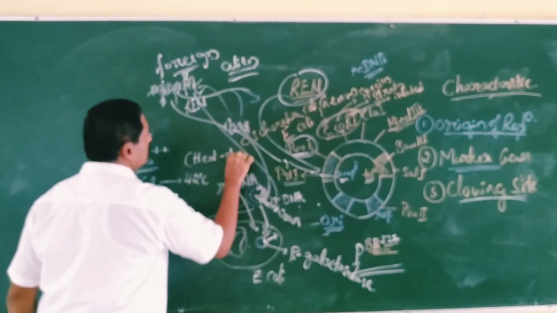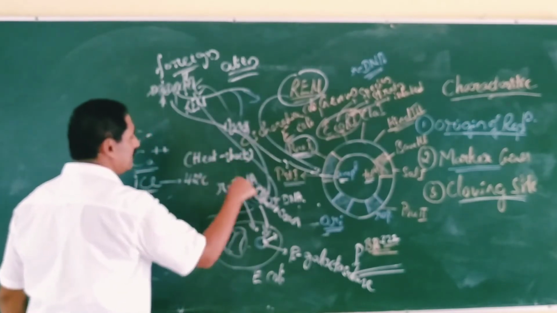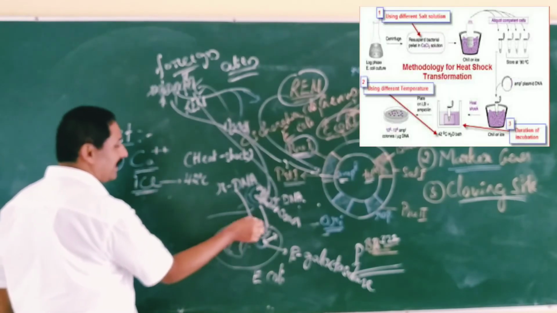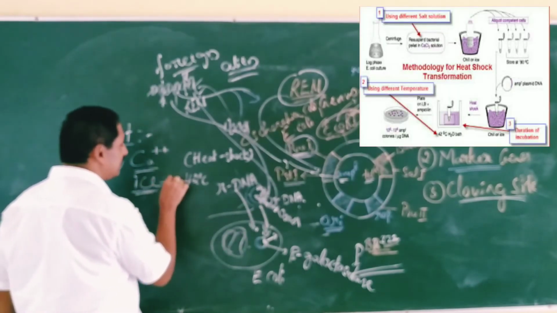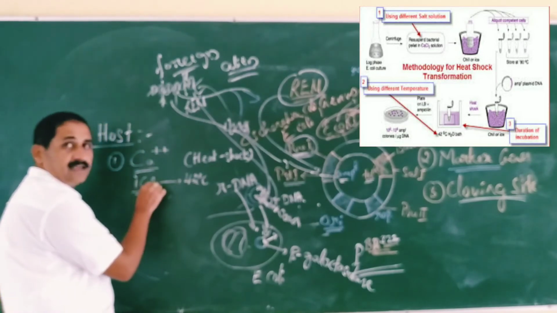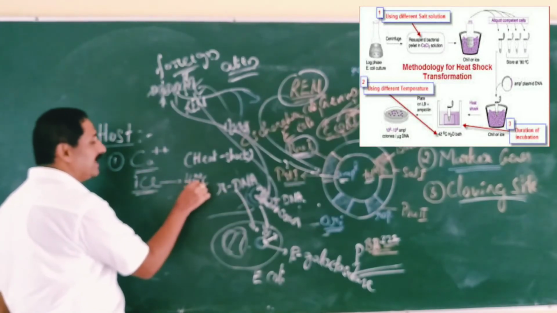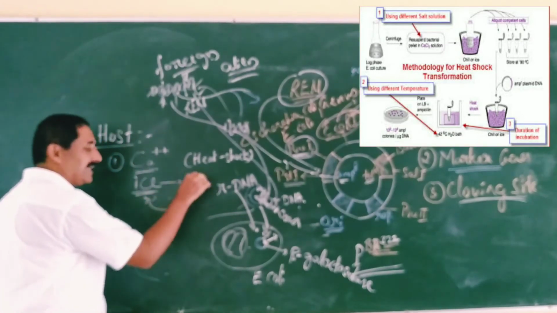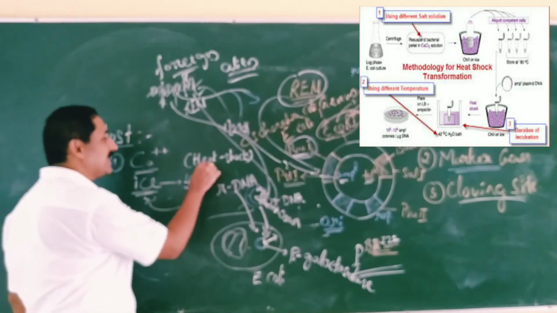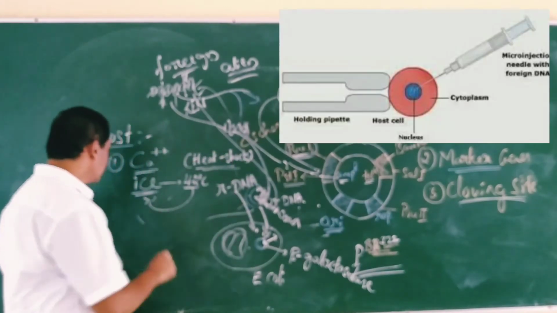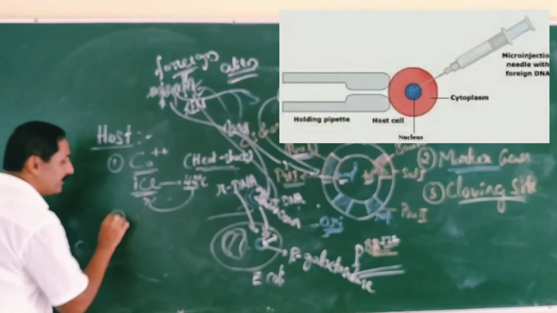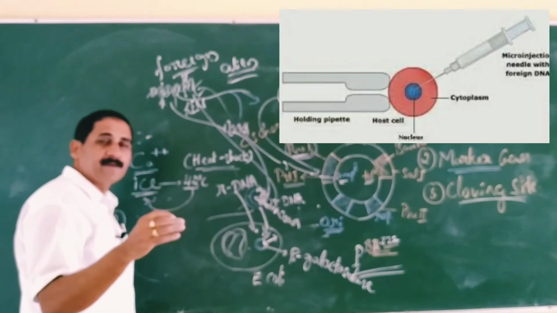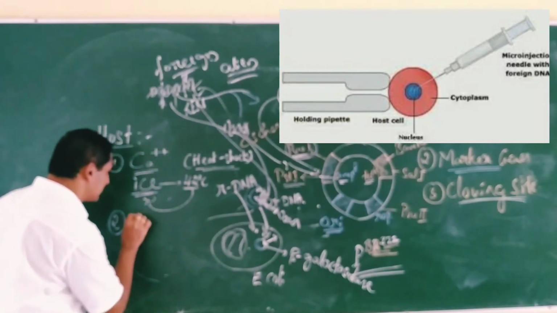In this heat shock treatment, the rDNA is introduced into the host cell. The second important method of introduction of the rDNA into the host, especially in animal cells, is by microinjection.